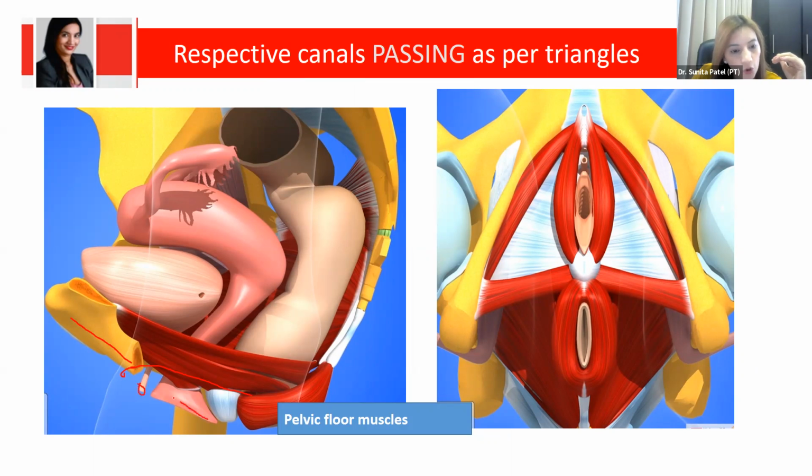We have the vaginal opening. Then there is a very important hard tissue, the perineal body, and in the same way the anococcygeal body. And then we have the tailbone, the coccyx. So: pubic symphysis, then perineal body, then anococcygeal body, and then the tailbone.